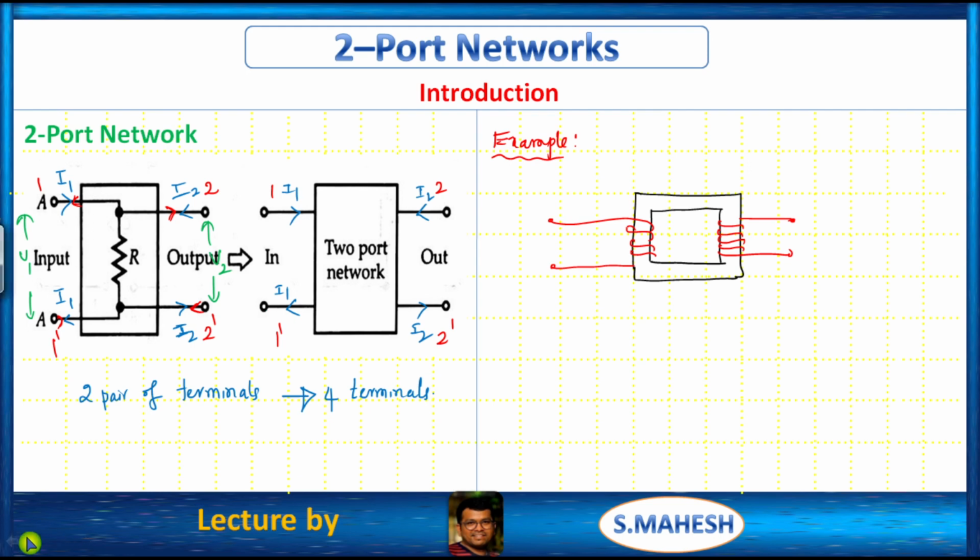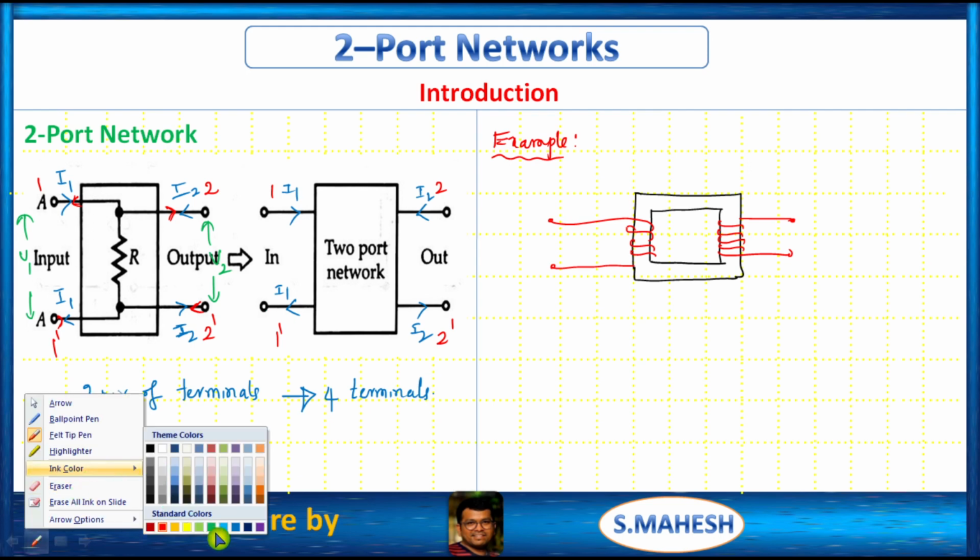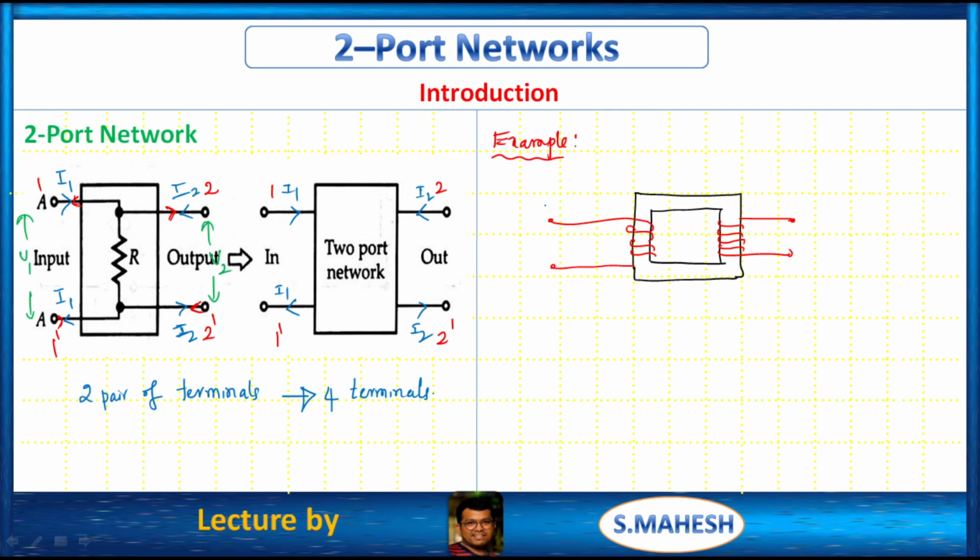This is 1 1 dash, 2 2 dash. The voltage across this is V1, and the voltage across this is V2. That is, across the load we have to calculate the voltage. This is the supply voltage.